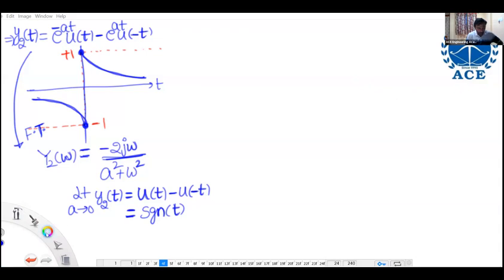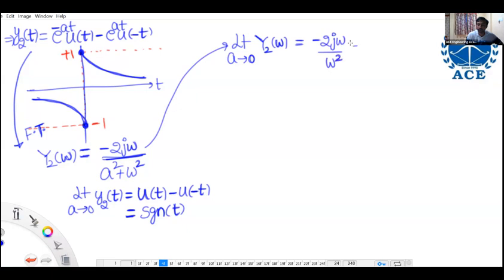As we have done approximation in the signal, do the same approximation in its spectrum. So what will be the answer, sir? If we substitute a equals 0, minus 2j omega by omega square, which is simply minus 2j by omega, which is simply 2 by j omega.